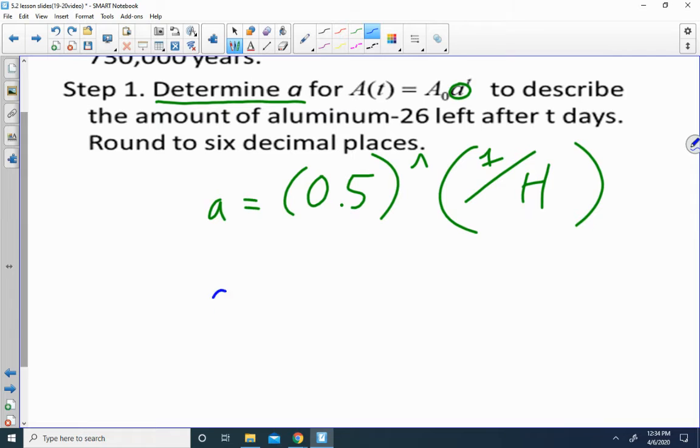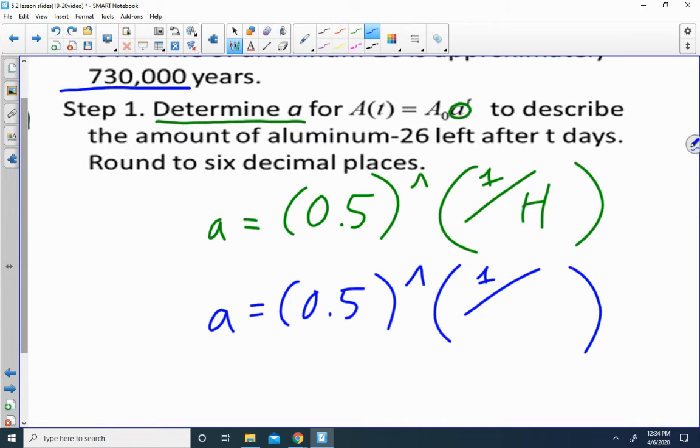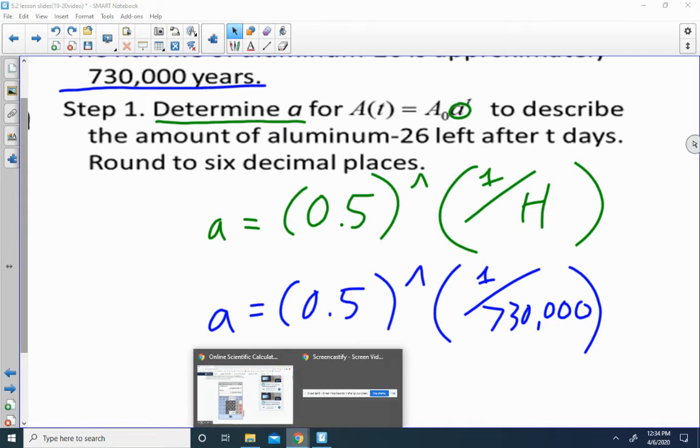Which in this case, our half-life is a biggie. So 0.5 to the power of 1 divided by the half-life, which is 730,000 years. This is going to be fun. All right, let's see what that does in the calculator.